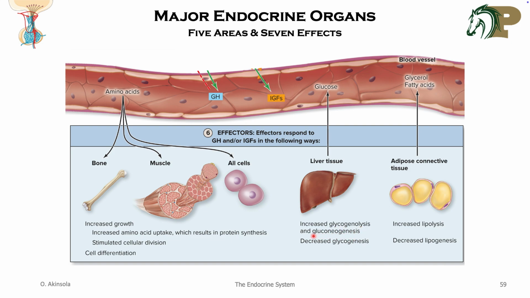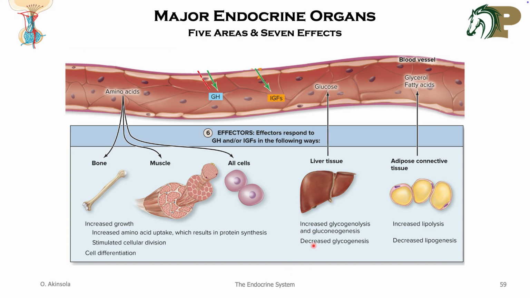Glycogenolysis is the lysis, or breakdown, of glycogen, and when you break down glycogen, you get glucose. When you have gluconeogenesis, you get new creation of glucose. So the effect of these two things is increased glucose production.